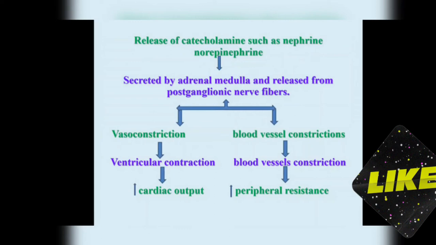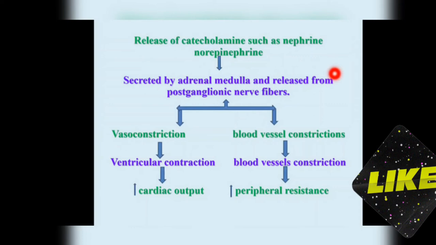Then this mechanism is divided into two parts. First is related to vasoconstriction and second is related to blood vessel constriction. When there is stimulation of the heart, there will be ventricular contraction, which leads to increased cardiac output.